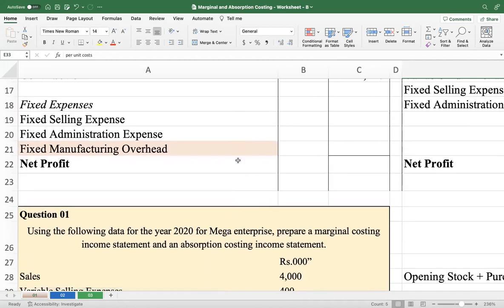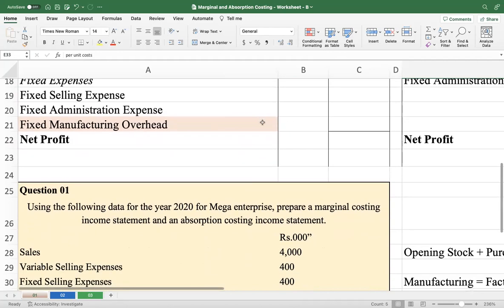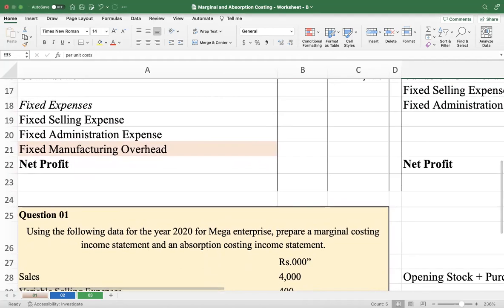Now let's deduct the fixed expenses as well, because now we need to find the net profit since we are preparing the income statement. Now see these three fixed expenses, take those values.